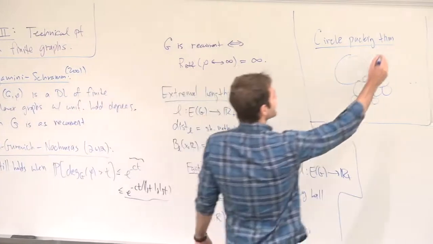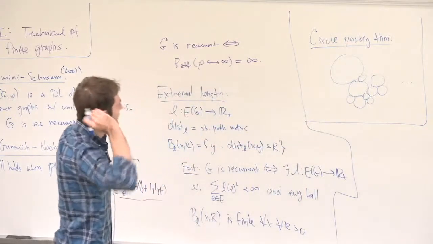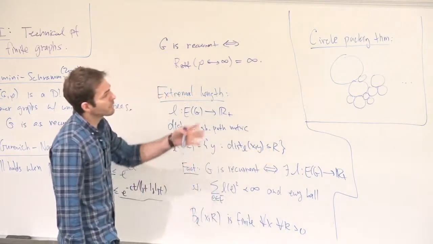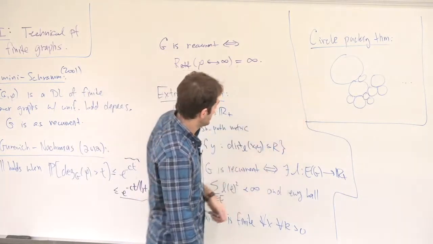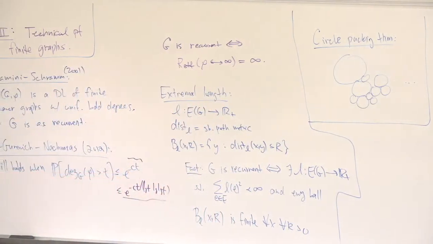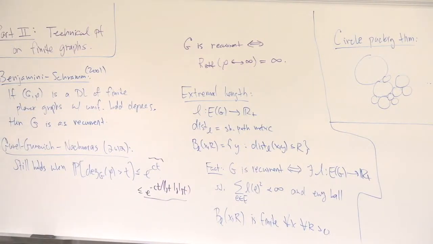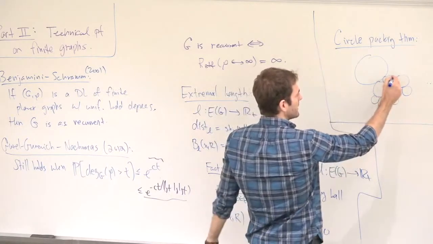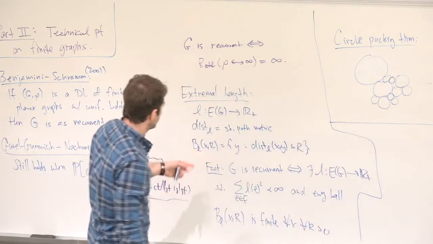That's the basic conclusion. So these results use the circle packing theorem, and then from the circle packing construct such a length. That's the basic outline. The circle packing endows your graph with some ambient geometric representation, and then you use that to construct this metric.